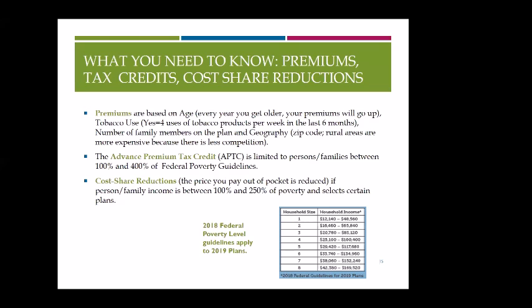So you're eligible for APTC credits if you're between 100 and 400% of the FPL, and you're eligible for an additional layer of savings, the cost share reductions, if your income is between 100% and 250% of those guidelines. We did include a small chart on the right-hand side to show you what those guidelines look like. The 2018 FPL guidelines do apply for 2019 plans.